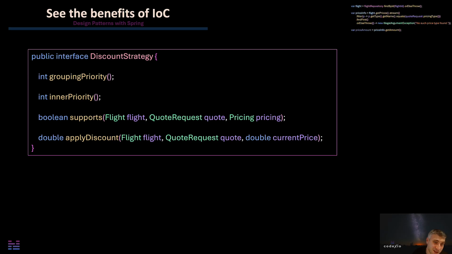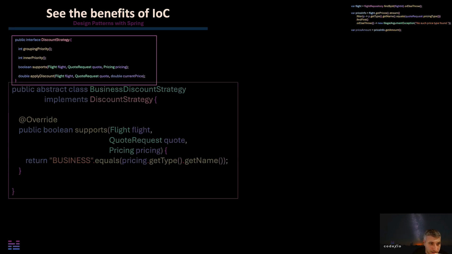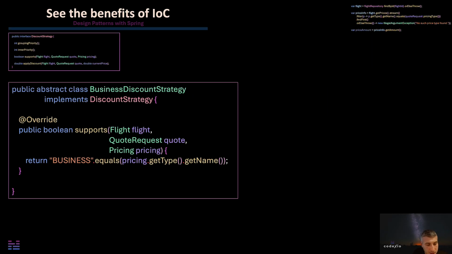And then to apply the discount. So let's say every rule that is bound to the business discount strategy will inherit the abstract class business discount strategy. It says, okay, rules here that are part of this group can only be applied if the pricing type is business.